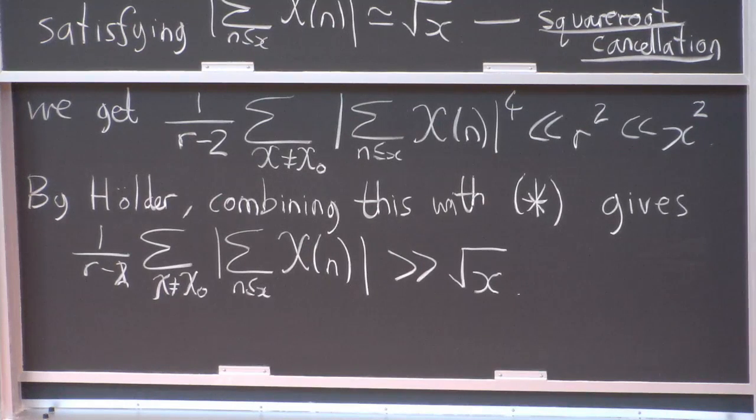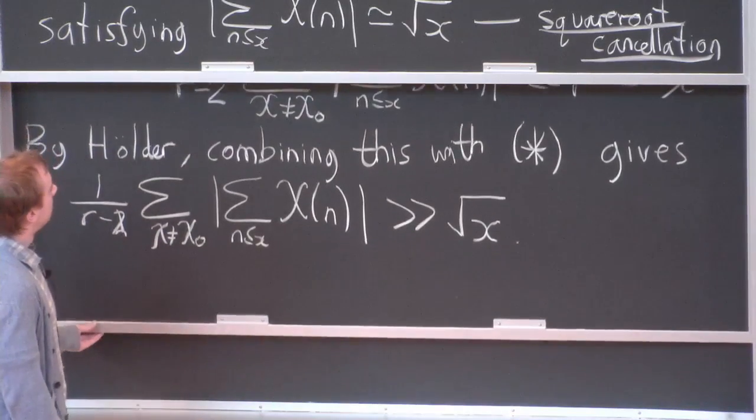So if you know that the high moment is consistent, as an upper bound, with all the things being of size like root x, and the low moment as a lower bound, or even an equality, is consistent with them all being of size root x, then actually many of them must actually be of size root x. Okay, so this is a straightforward-ish calculation, but also qualitatively, hopefully it's fairly clear what's going on here.